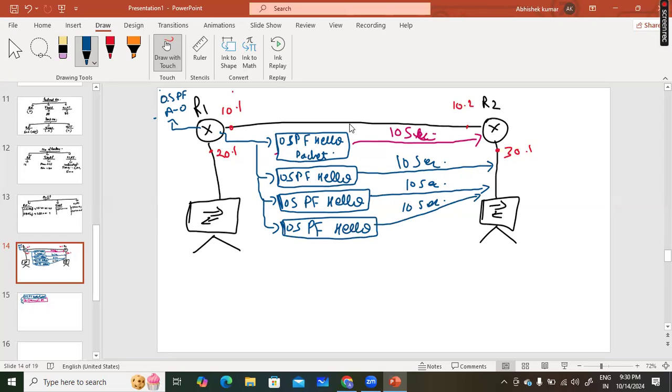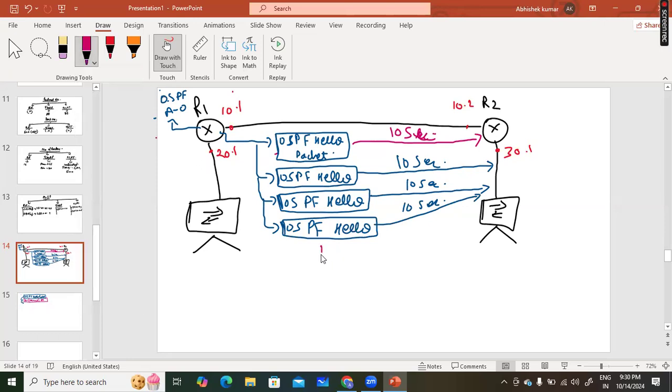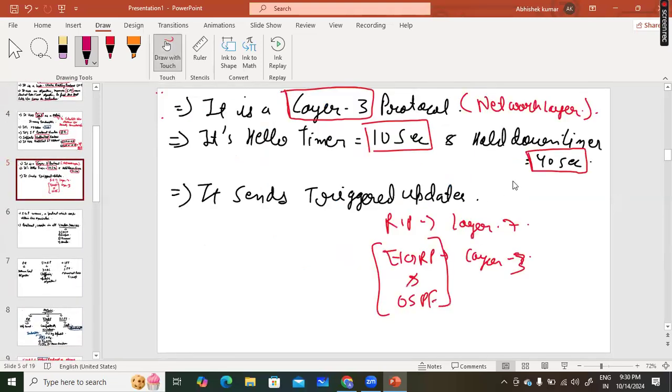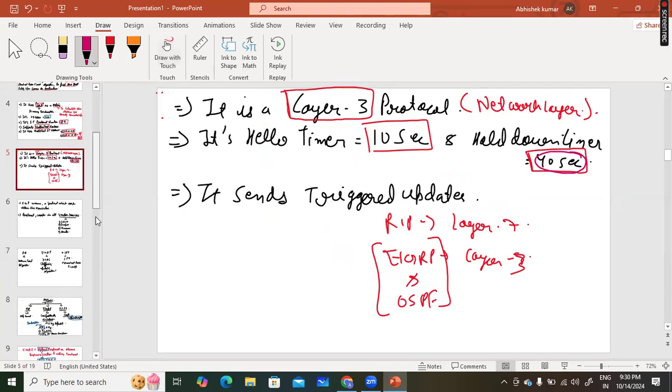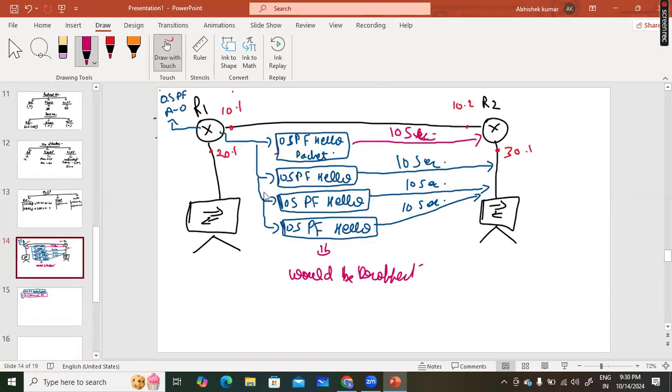No. What will happen after this? The hello packet will be dropped. Because if you count the seconds, 10, 20, 30, 40. What is the hold down timer? 40 seconds. It will wait for 40 seconds. After 40 seconds, it will drop the packet. Clear?